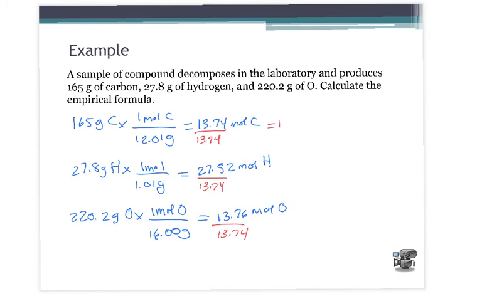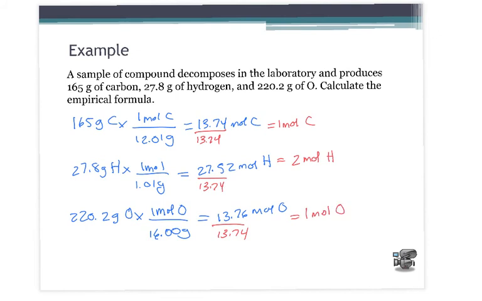So now here we get 1 mole of carbon. Here we get 1.99. We can round that to 2 moles of hydrogen. 1.99 is very close to 2, so we can go ahead and round that up. And for oxygen, we get slightly over 1 mole, so we can just say 1 mole of oxygen.